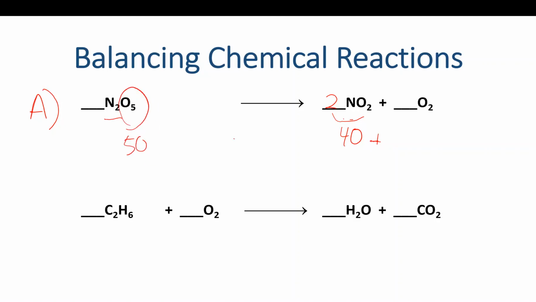So 4, right, times what number would give me 5? I need 1 more oxygen. Well, how could I get 1 oxygen from an O2, right? So basically, 2 times what number would give me 1?